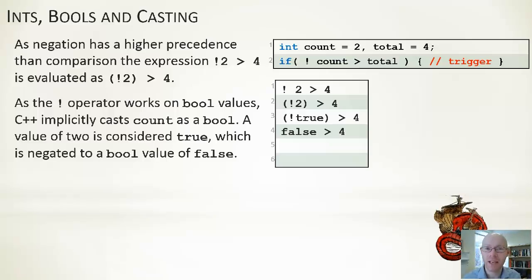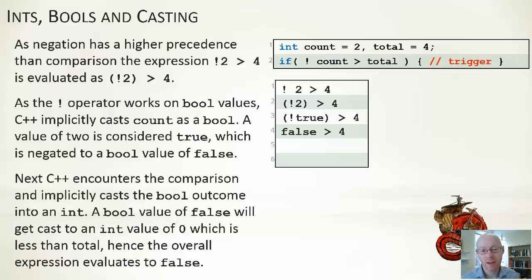So false gets turned into 0, true gets turned into 1. So in this case, we can do this conversion. False gets turned into 0. 0 is greater than 4. We can evaluate that, and it evaluates to false overall. So the not 2 greater than 4 has a final evaluation of false at the end. So it's not actually going to trigger.